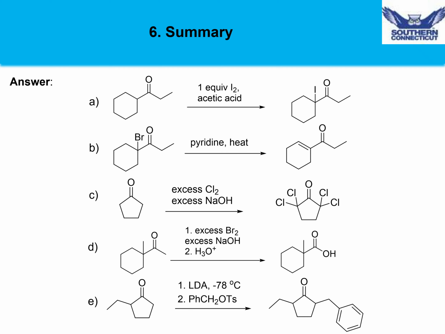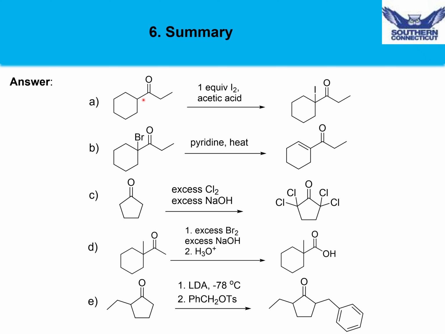In this first question, we have an unsymmetrical ketone and we're reacting with iodine, one equivalent, and acetic acid. So this will be an acid catalyzed alpha halogenation. This reaction generally will add an iodide or some other halogen to the more substituted side of the ketone.